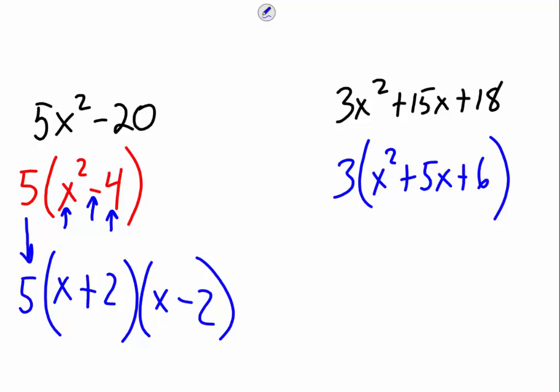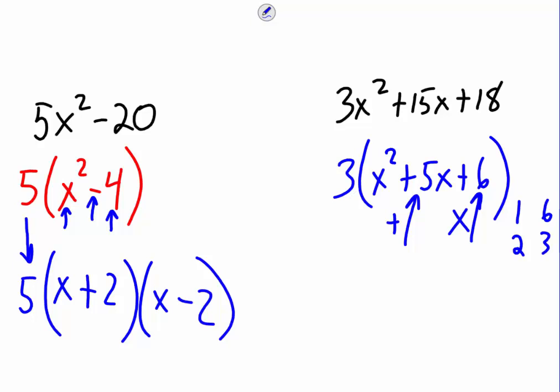Now, to lead into the next video, we're looking for two numbers that multiply to 6 and add up to 5. So add there, multiply there. Let's see, 1 and 6, 2 and 3. That's pretty much everything that multiplies to 6.